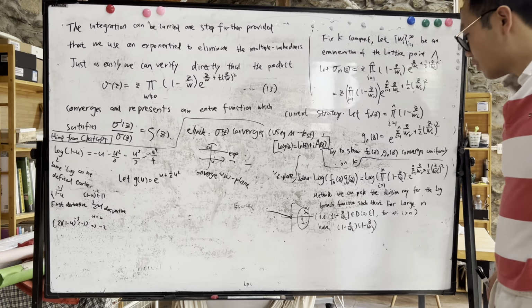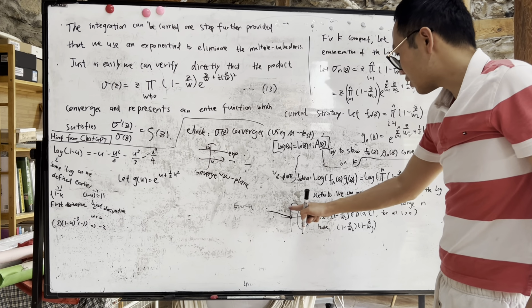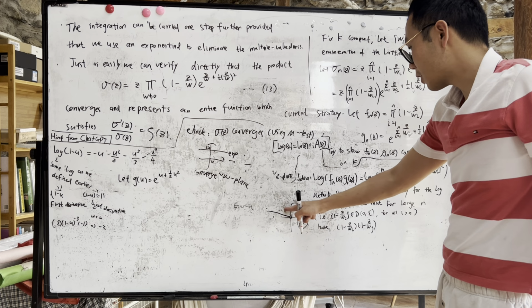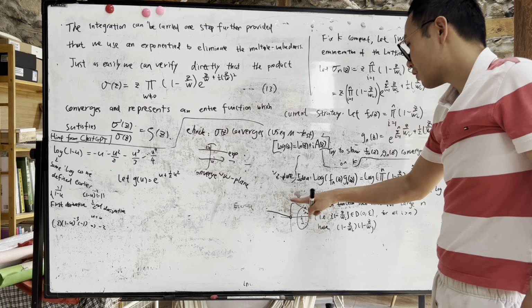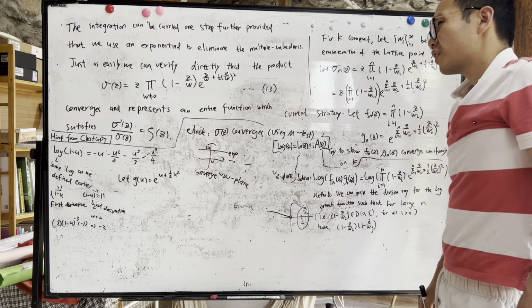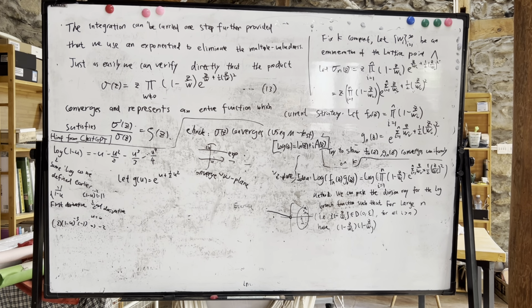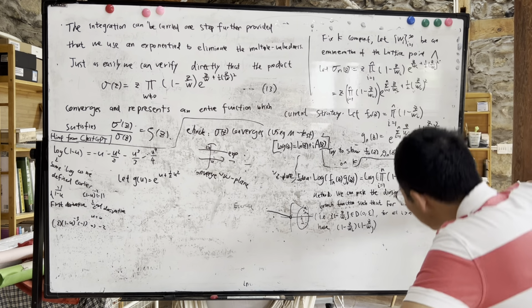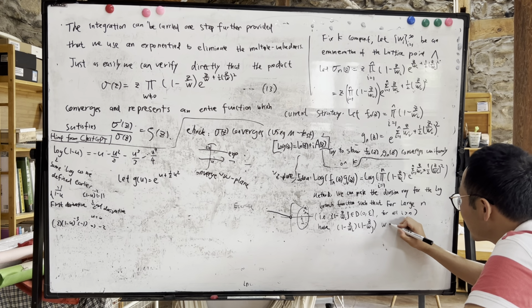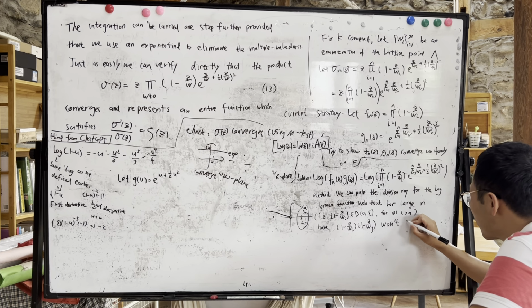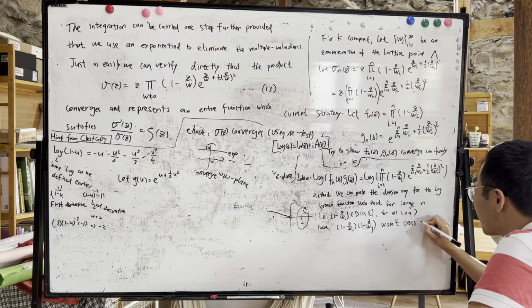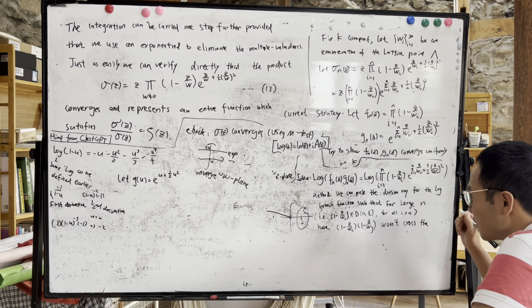So if they lie on the upper plane, then maybe I need to find a way to define these two points based on the angles. So let's say they won't cross the ray. Maybe we can make it strict later.